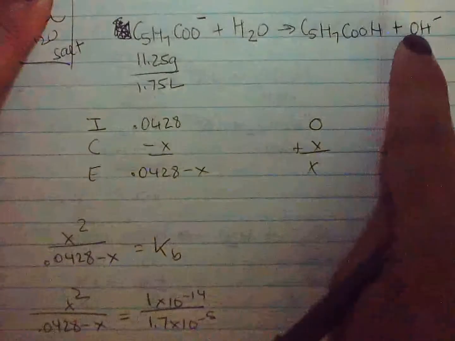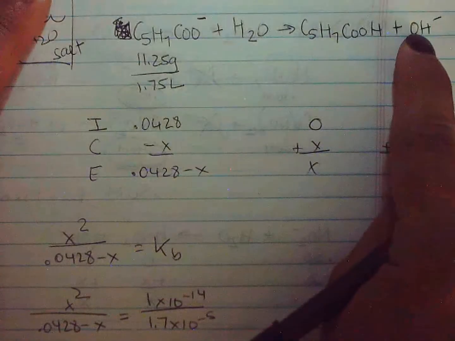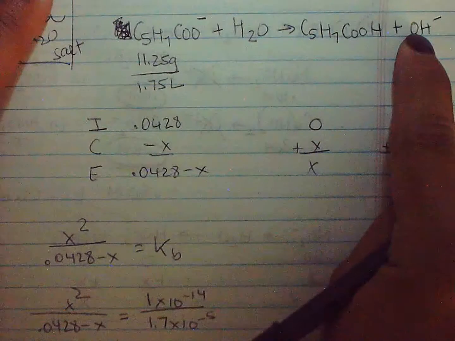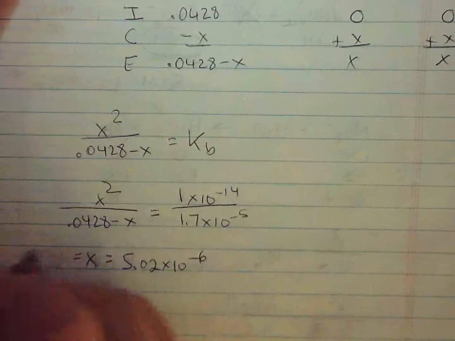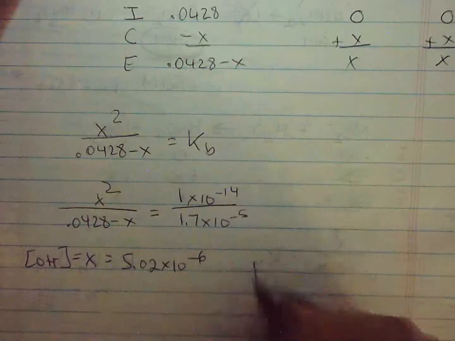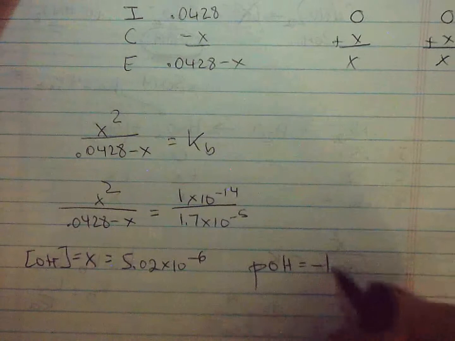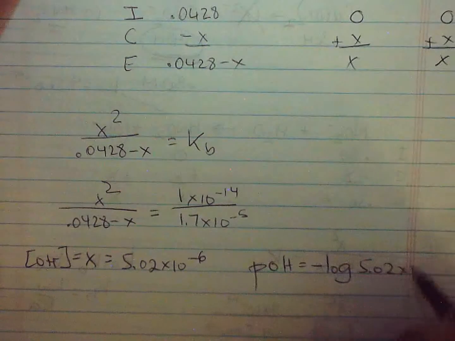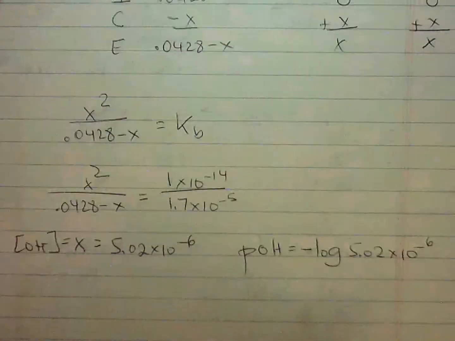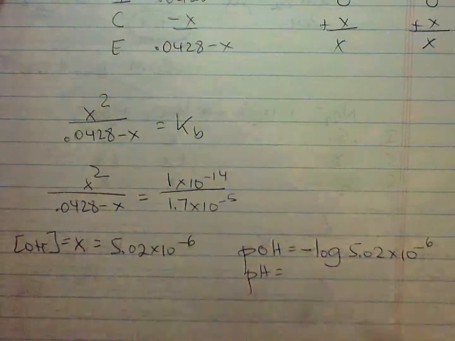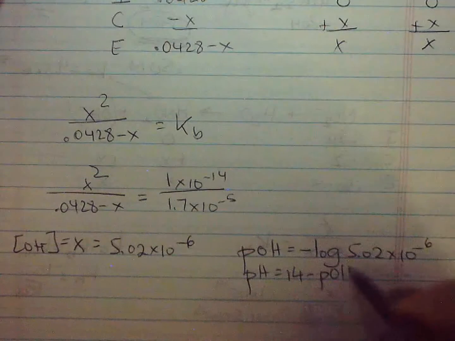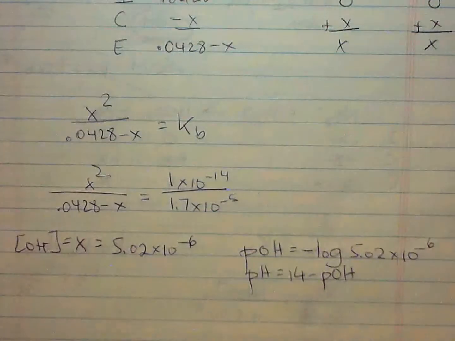Look at your ICE chart. It's your concentration of hydroxide. So what can you do with the concentration of hydroxide? Now you can get the pOH. The pOH is the negative log of 5.02 times 10 to the negative 6. How do I get the pH finally? It's 14 minus the pOH. Are we good?